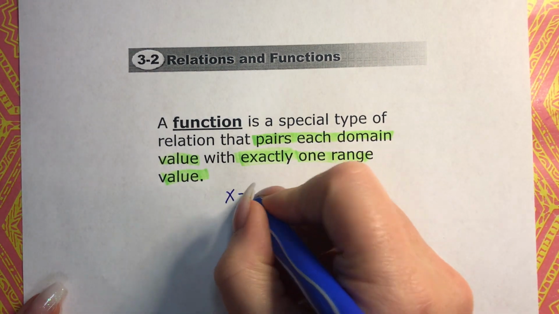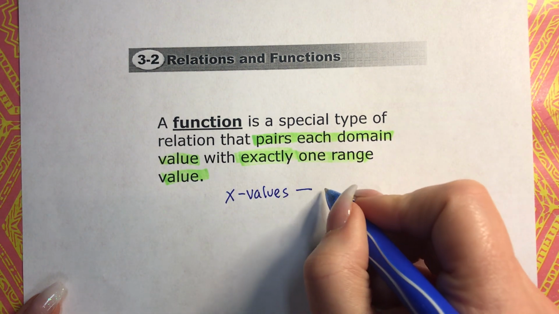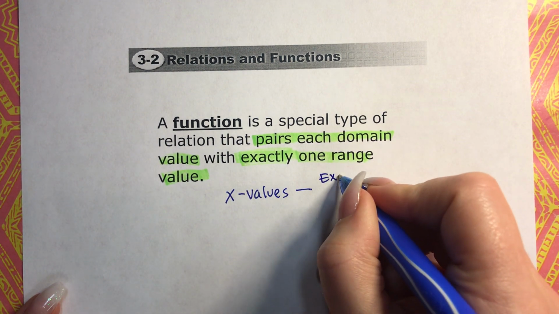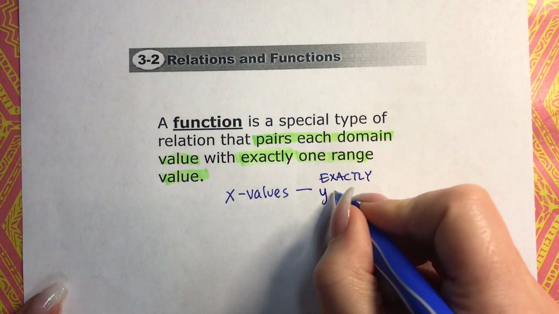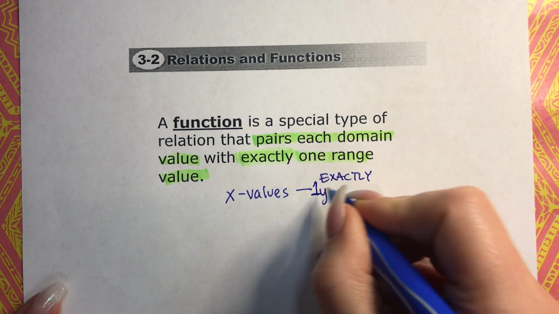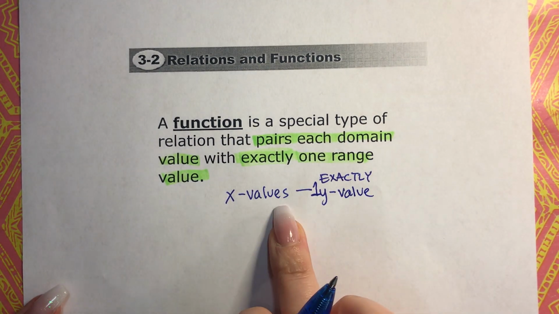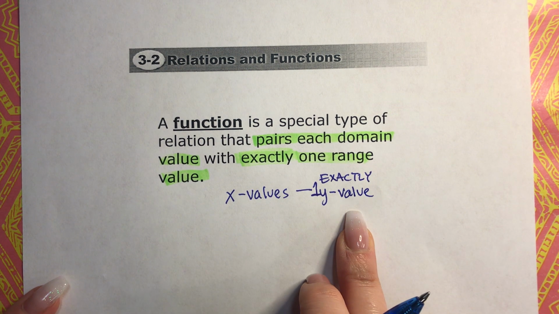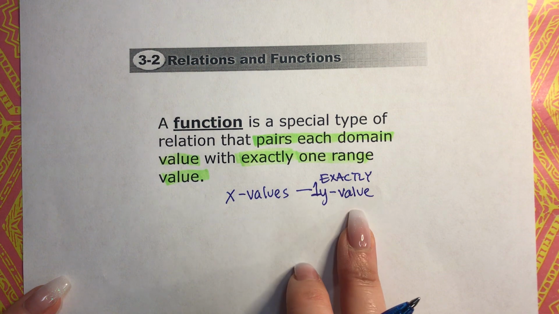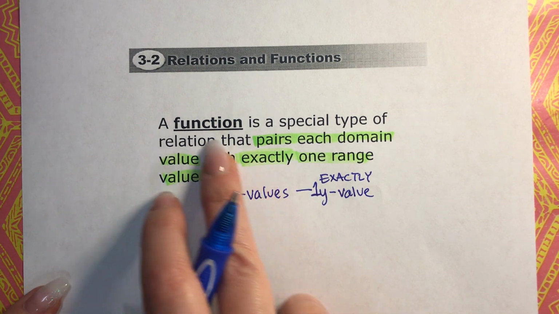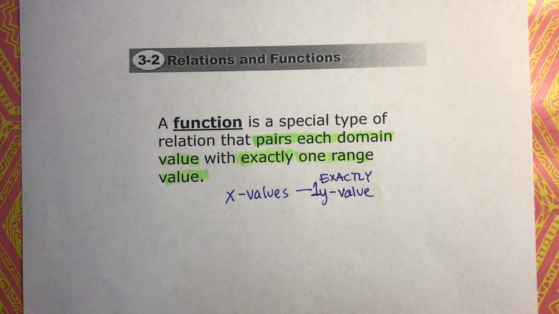So every x value has exactly one y value. All right, so an x value can't have two y values or three y values. An x value has to have exactly one y value. And so they state that as saying a function pairs each domain value with exactly one range value.